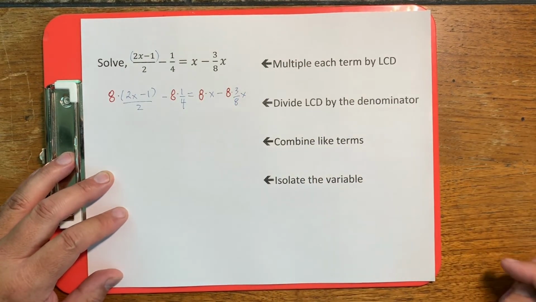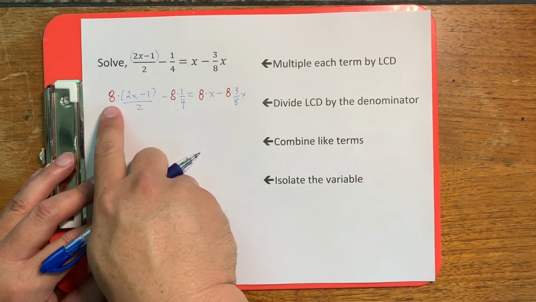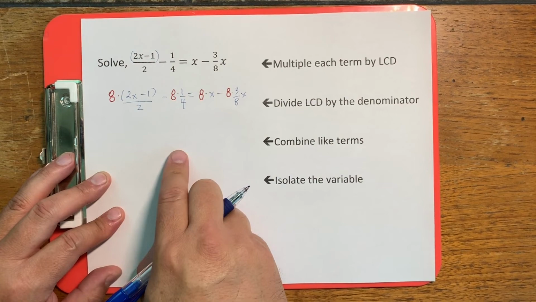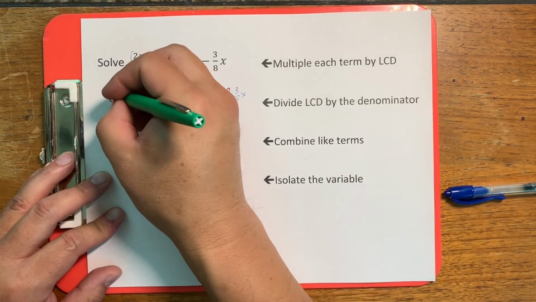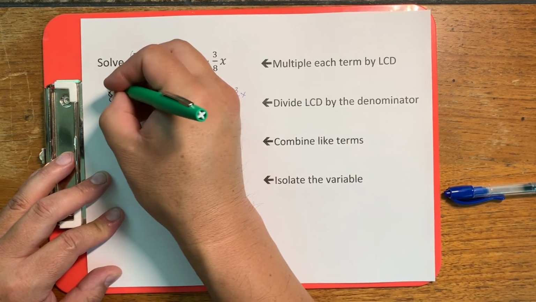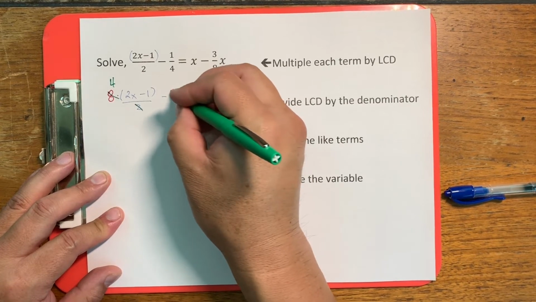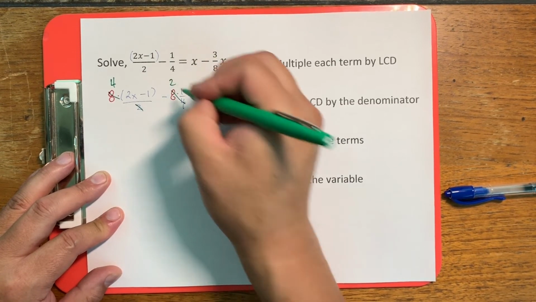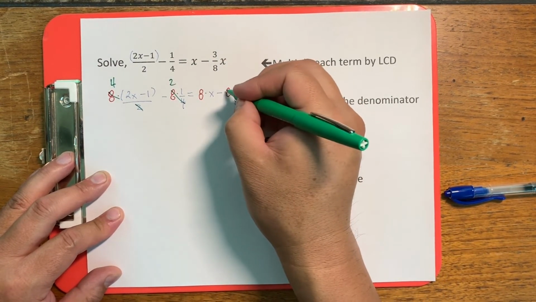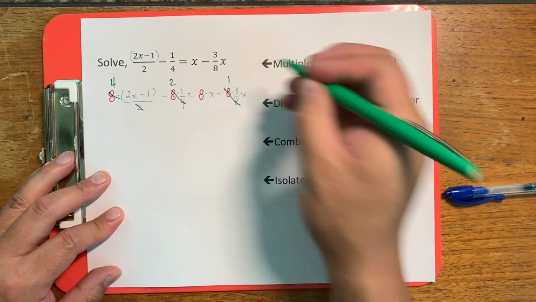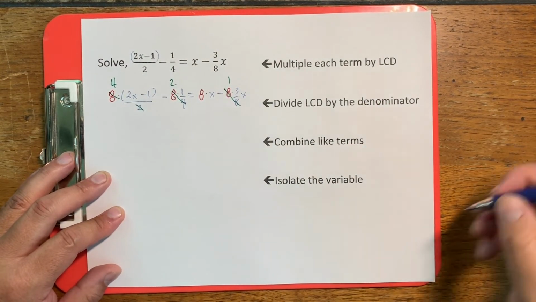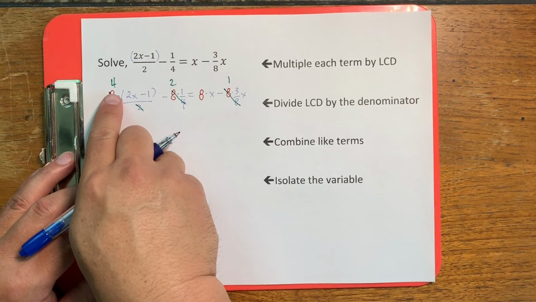And then we're going to divide the LCD, which is 8, by the denominator. So 8 divided by 2 is 4. 8 divided by 4 is 2. And 8 divided by 8 is 1. So let's distribute.